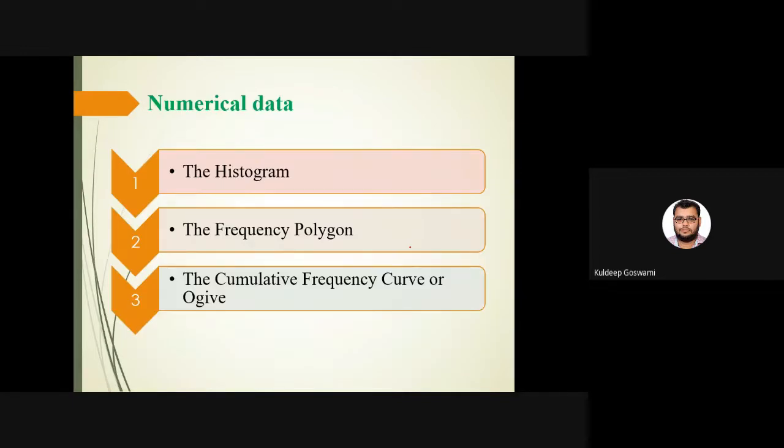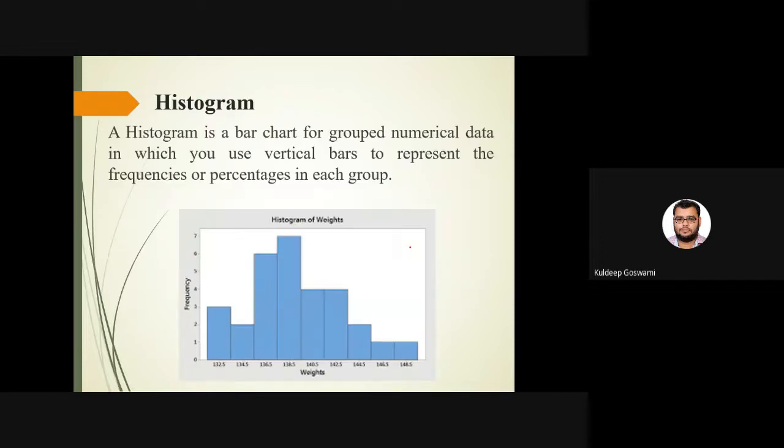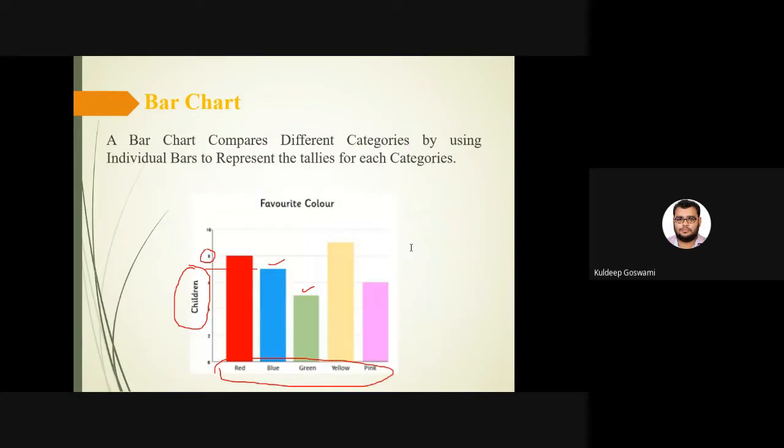For a numerical data set, we have histogram, frequency polygon, cumulative frequency curve, or sometimes it is called an ogive. And this is the histogram. What is the difference between bar chart and histogram? In bar chart, is it visible to you all? Yes, sir.